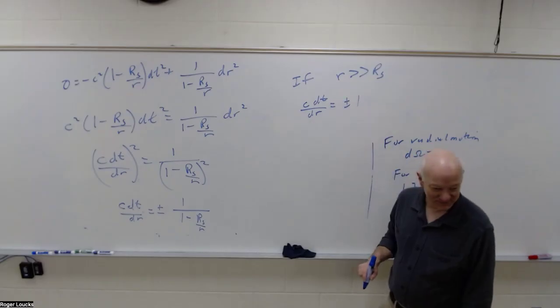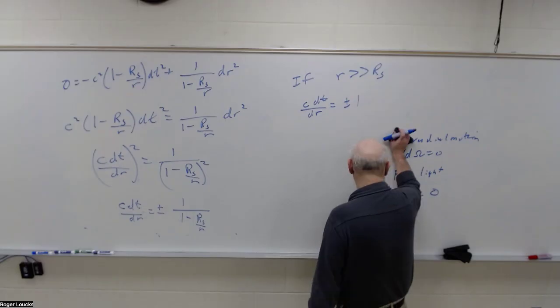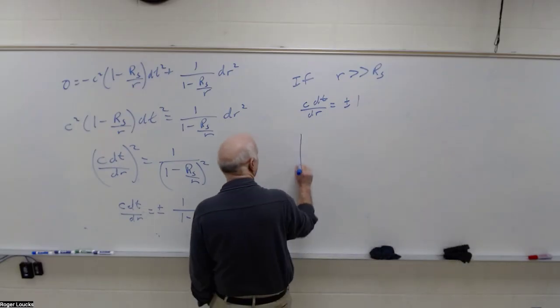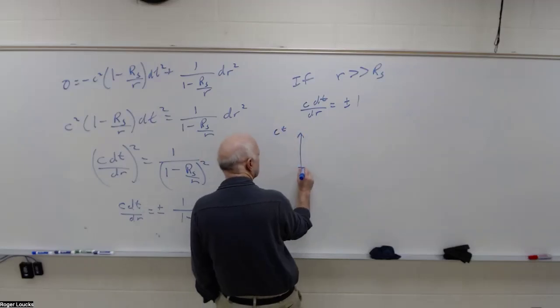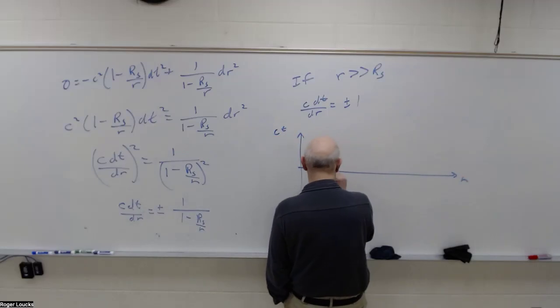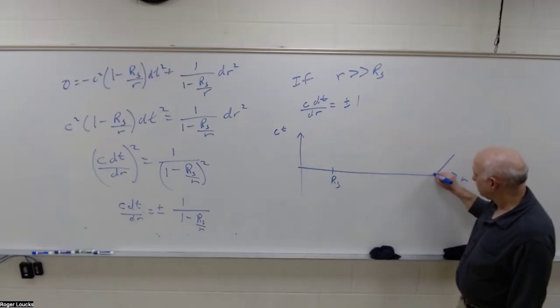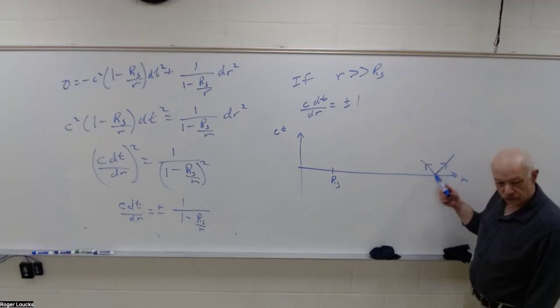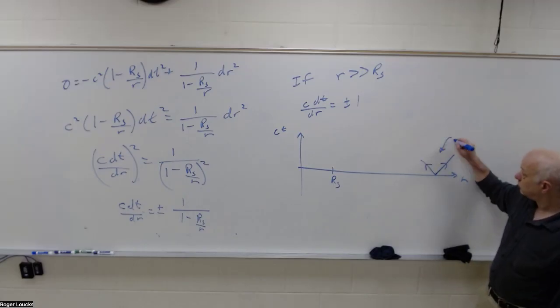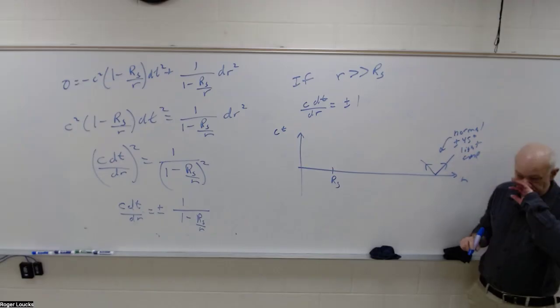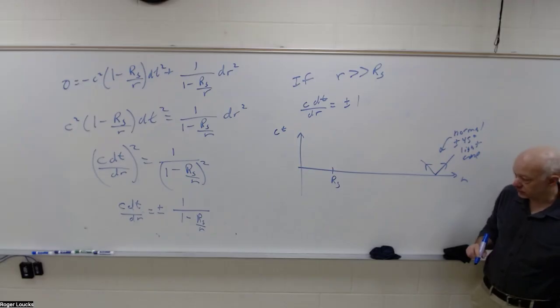Plus or minus 1. So we're going to plot this guy here. If I plot the red line here, here's my ct, here's my r, here's r s. What do I get here? I get something that just looks like this. Here's my slope. This is going to look normal. This is your normal plus or minus 45 degrees. Not too surprising.